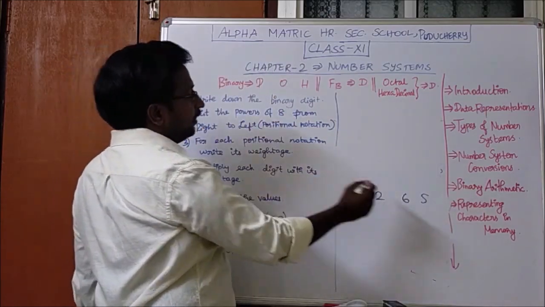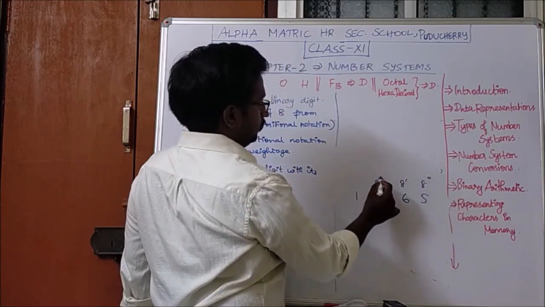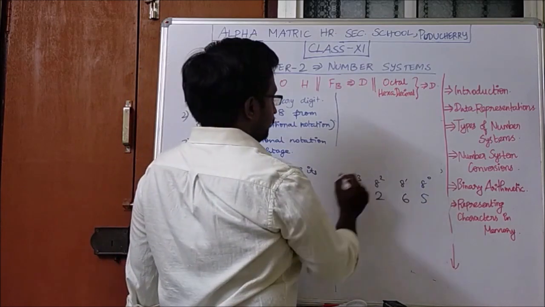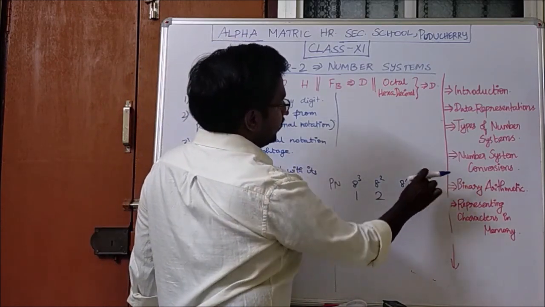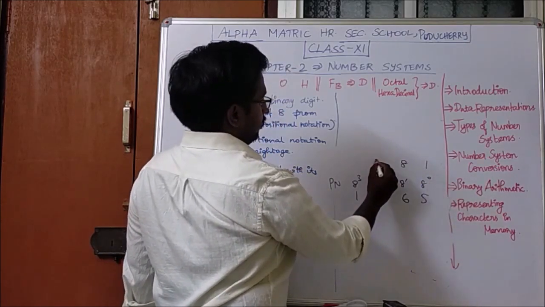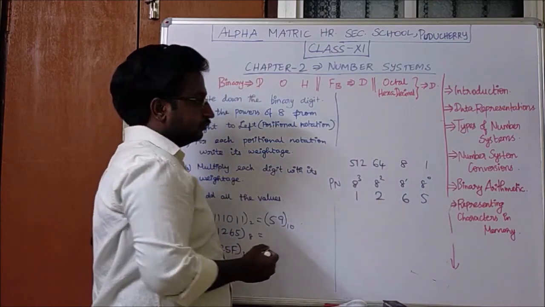Then the powers of 8: 8 power 0, 8 power 1, 8 square, 8 cube. These are the positional notation and its corresponding weightage. 8 power 0 is 1, 8, 64, and 512.